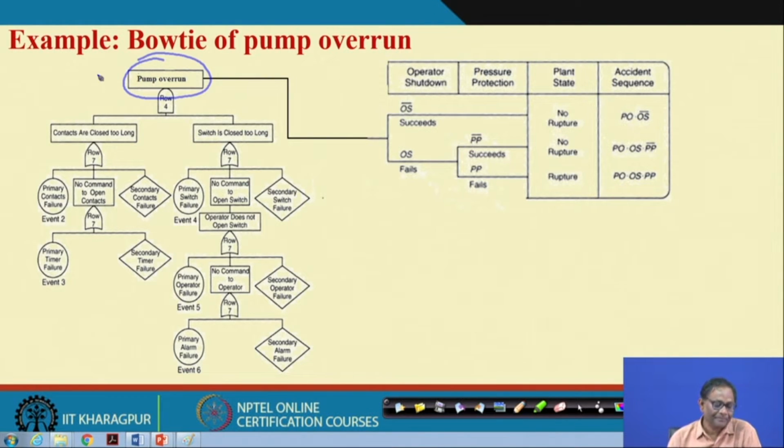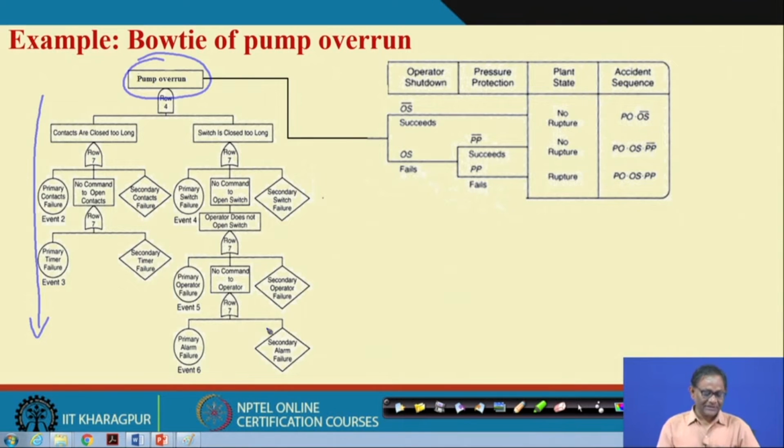You have seen in my last lecture why pump overrun takes place: because the current to the motor is on too long, because the circuit is closed too long, and the contacts and switch are closed too long. This way we have developed it.